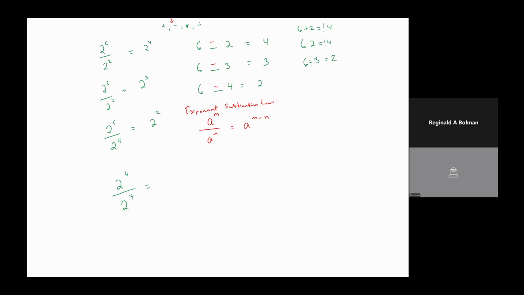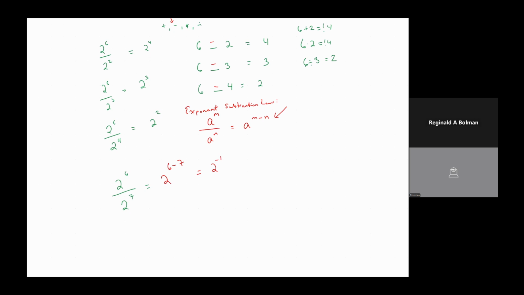So we would have to take the first exponent 6, and subtract 7 from 6 according to this exponent subtraction law. And that would, of course, give me a 2 raised to the -1. But what does that actually mean?